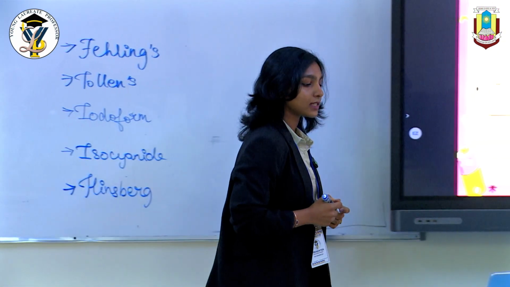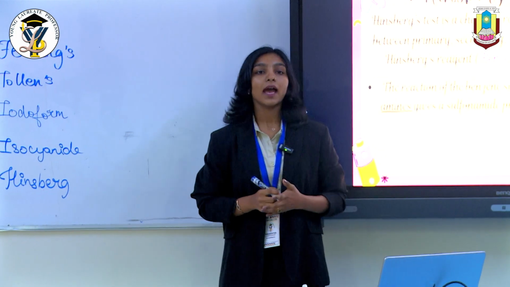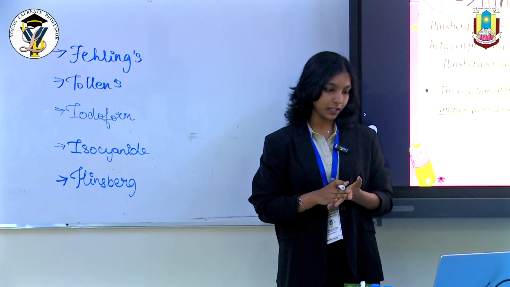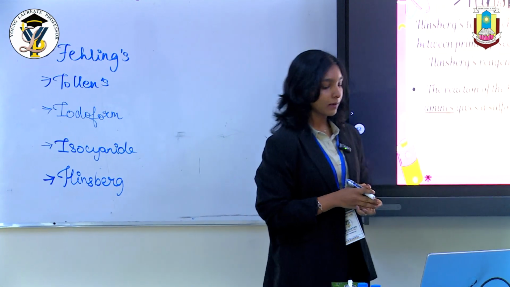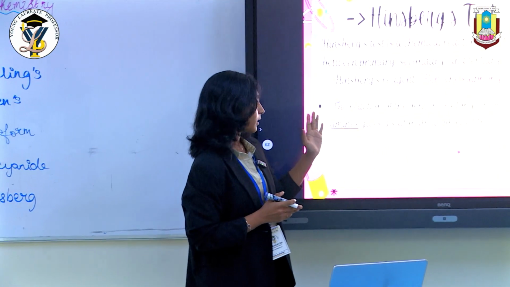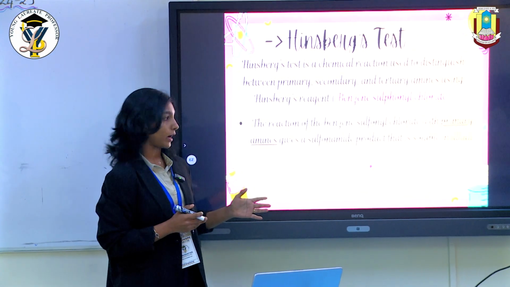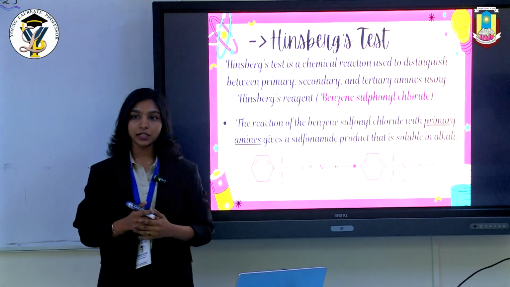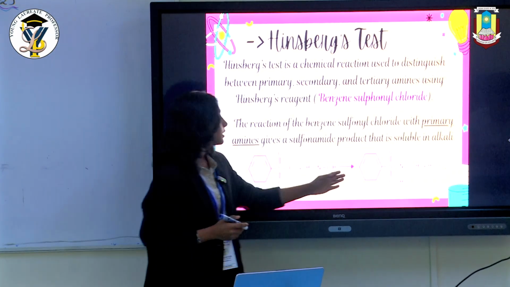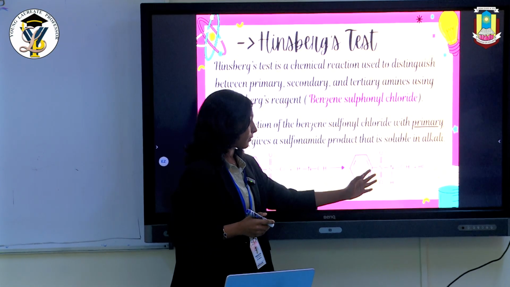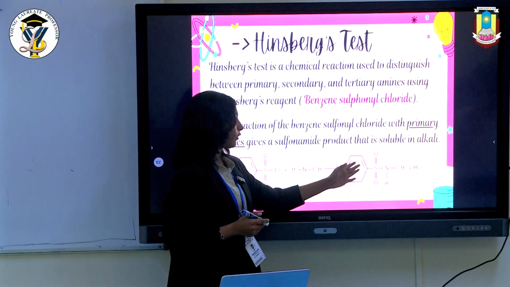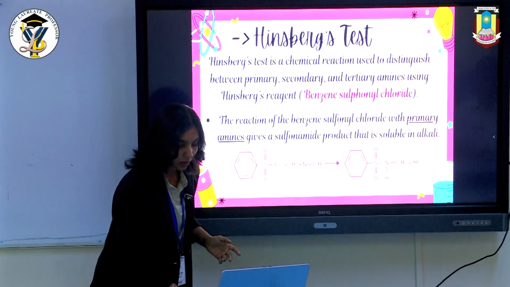Hinsberg's reagent is benzene sulfonyl chloride, and this test is used for distinguishing primary, secondary and tertiary amines. So when a primary amine reacts with benzene sulfonyl chloride, it results in the formation of a sulfonamide product, which is actually soluble in alkali, because this nitrogen has a highly acidic hydrogen atom attached to it due to the presence of the electron withdrawing sulfonyl group.